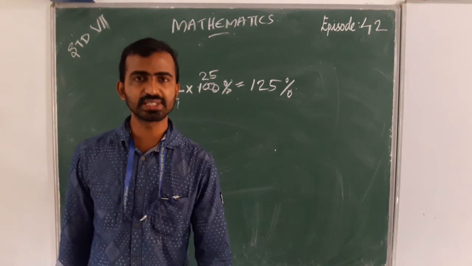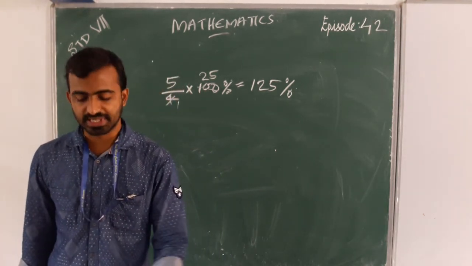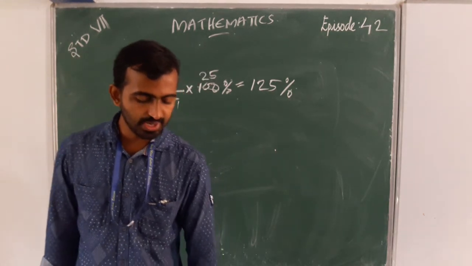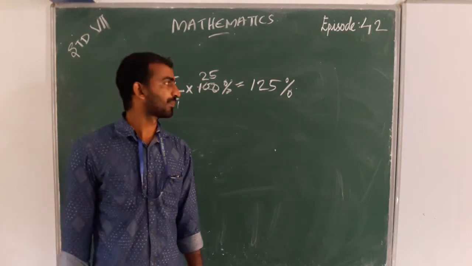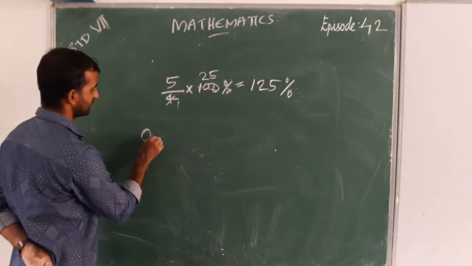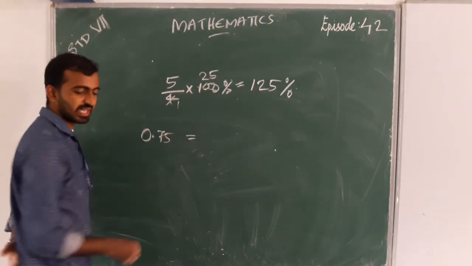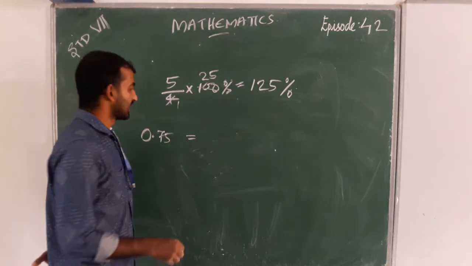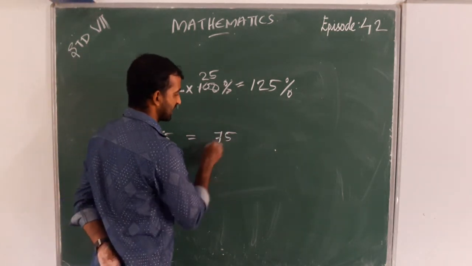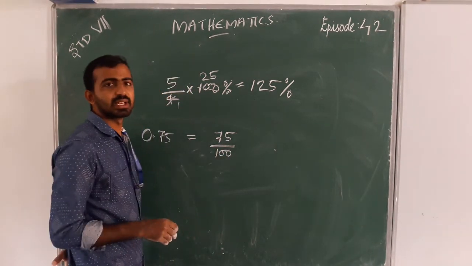And converting decimal to percentage. Next we are going to discuss converting the decimal to percentage. Here also, for example, 0.75. I have a decimal number 0.75. We can write it as 75 by 100.